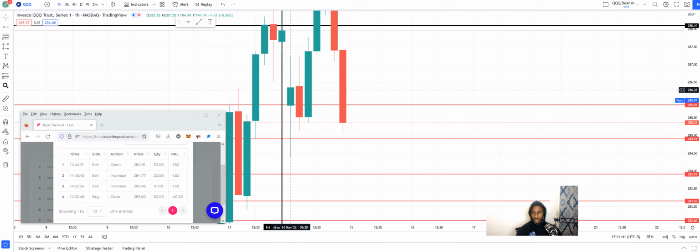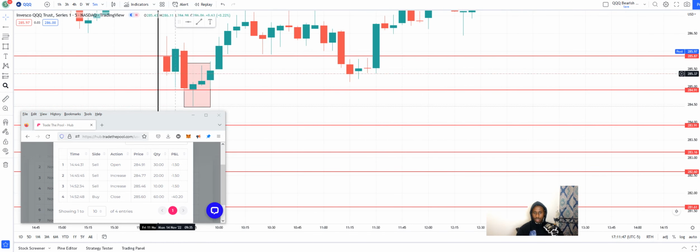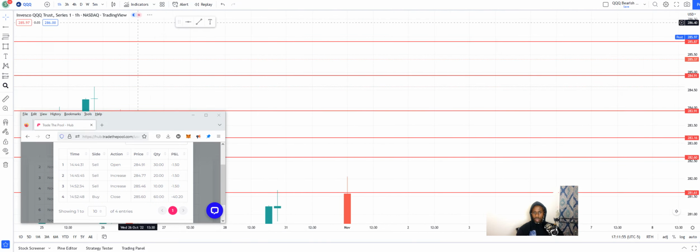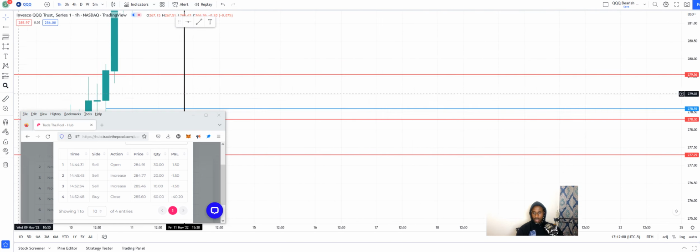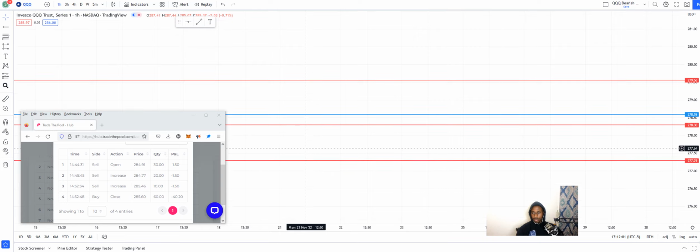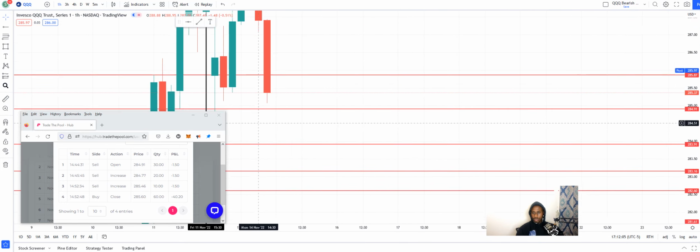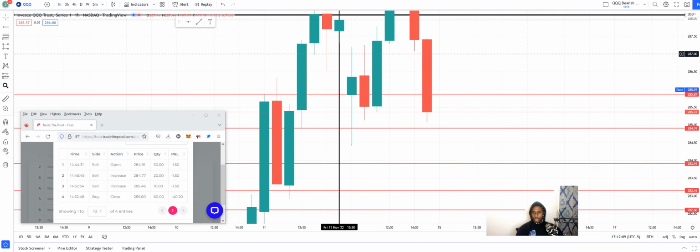Right, on the 5-minute chart, this is blocked out. Yeah, and this is Monday. And on the 1 hour, let's see. It's like it's not showing.